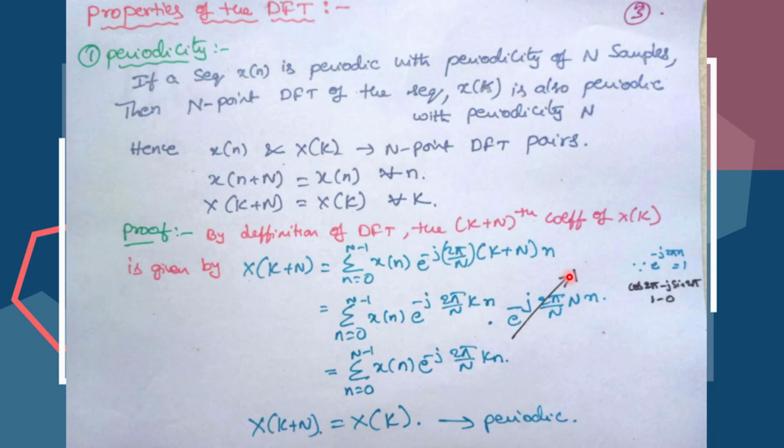So this becomes 1. From this equation, we can write x of n e raised to minus j 2 pi by N k n. This is the remaining term. This is in the form of the discrete Fourier transform of x of n, that is X of k. So hence it is proved X of k plus N is equal to X of k. You can say this is periodic.